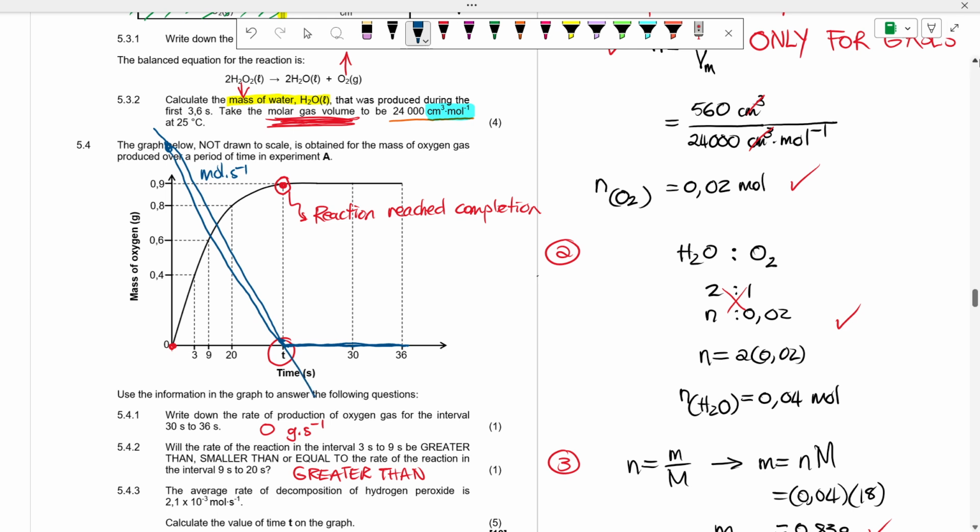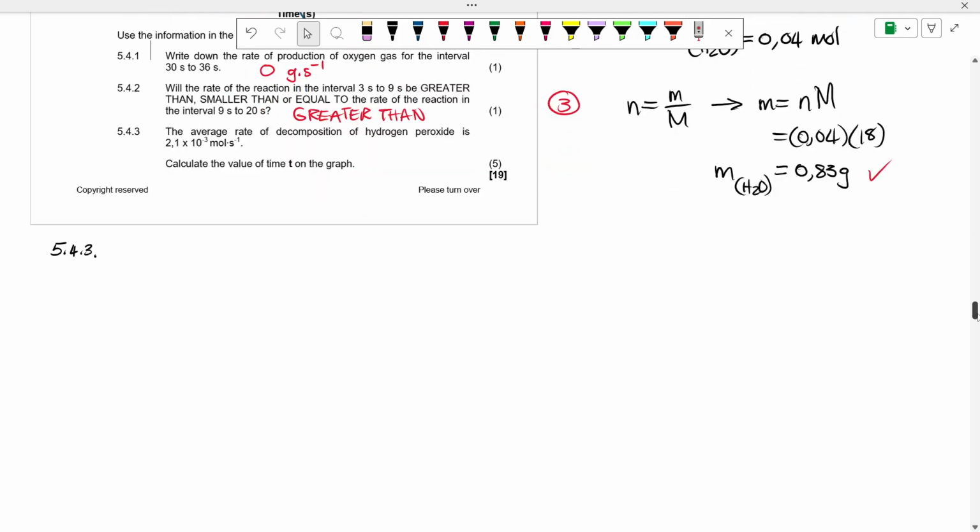So in other words, let me first find the number of moles of the oxygen that is produced. So this will be mass over molar mass. Then on the substitution stage, I need to indicate that I'm solving the number of moles of oxygen, because otherwise it doesn't make sense. So I see that the maximum amount is 0.9 that is produced.